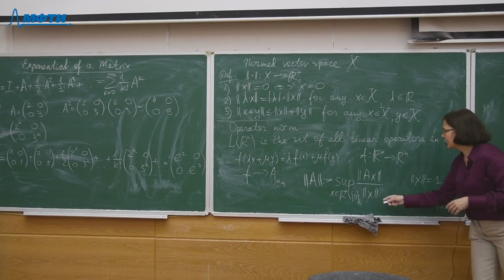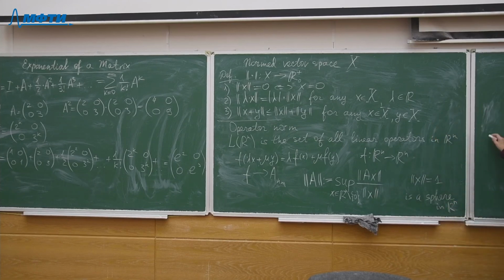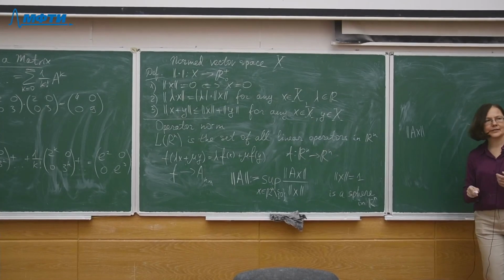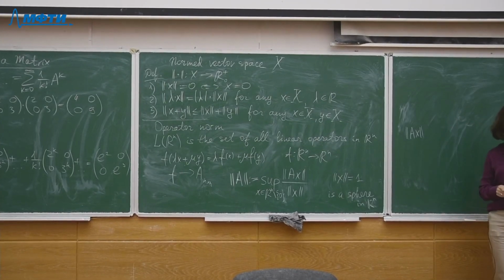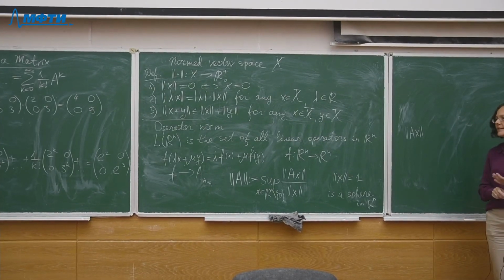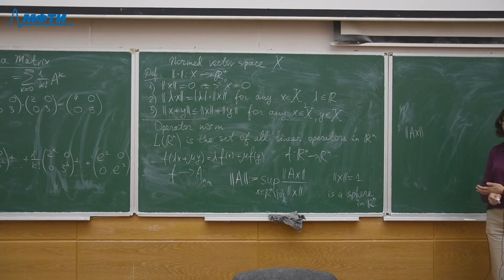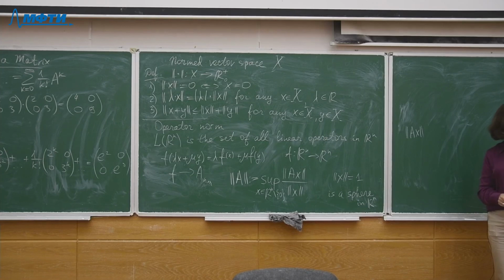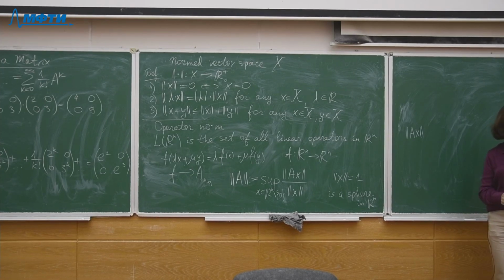Okay, and so what about the norm of Ax? This is a continuous function on the sphere, and since a continuous function on a compact set is bounded and takes on its maximum and minimum value, right?